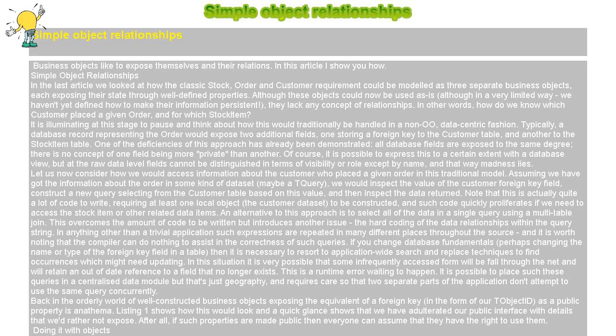It is illuminating at this stage to pause and think about how this would traditionally be handled in a non-OO, data-centric fashion. Typically, a database record representing the order would expose two additional fields, one storing a foreign key to the customer table, and another to the stock item table. One of the deficiencies of this approach has already been demonstrated.